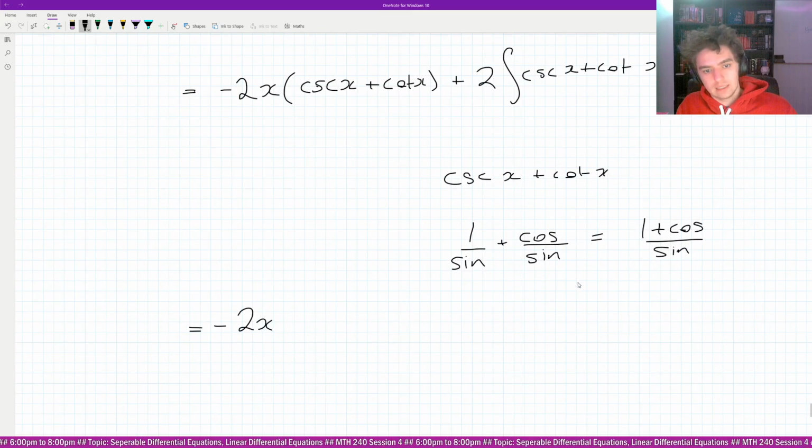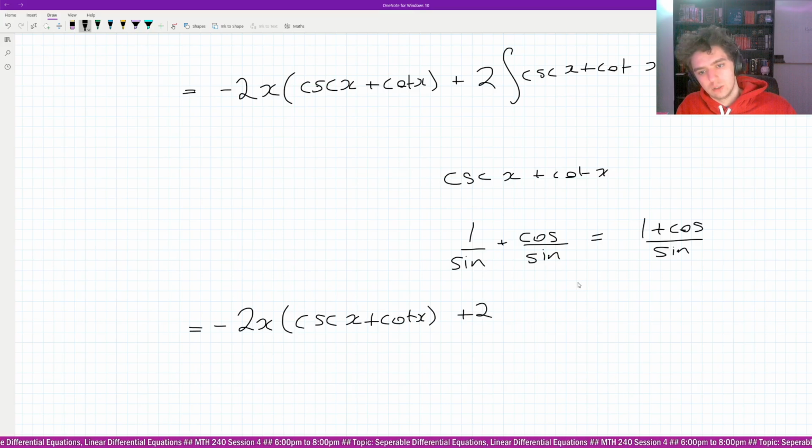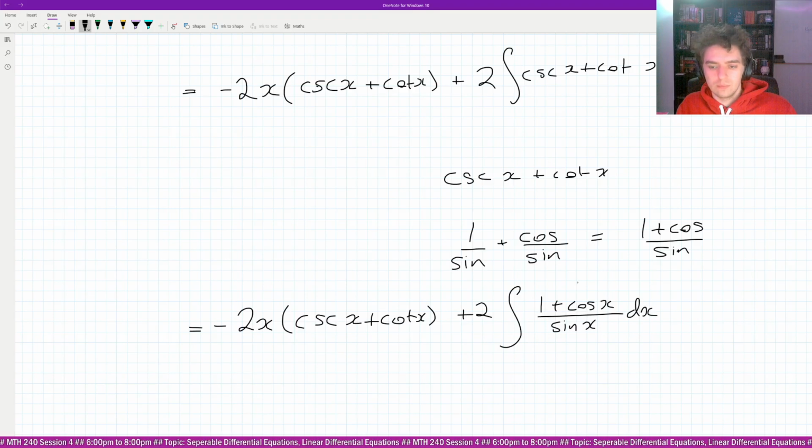Negative 2x cosecant x plus cotan x plus 2 integral 1 plus cos x over sine x dx. Oh, no, wait, hold on. Can you do that individually?